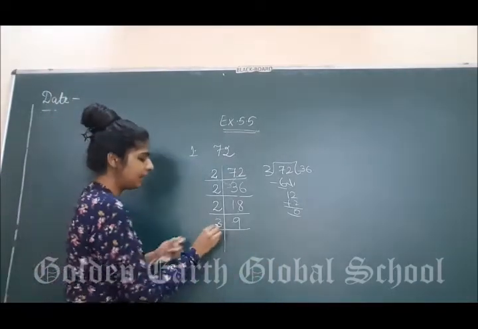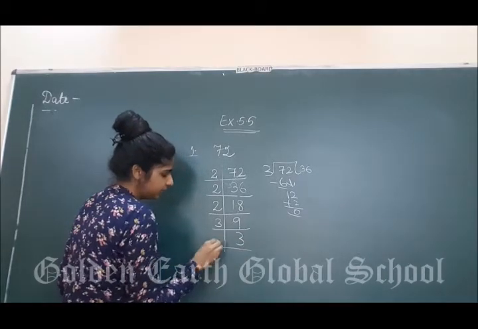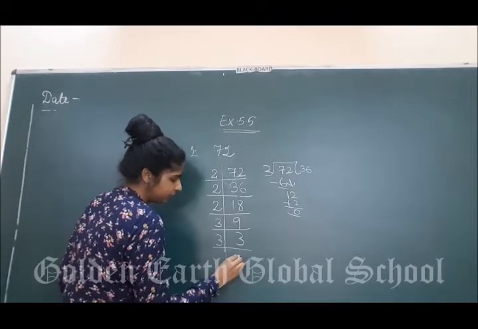Where does 9 come on the table of 3? On 3. 3 3s are 9. On the table of 3, 3 on 1.